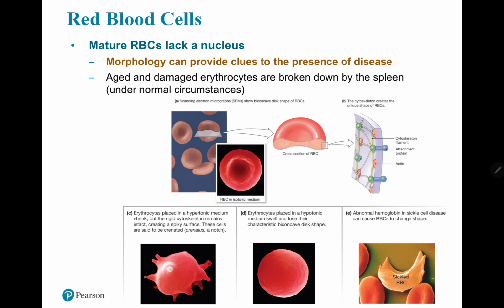And so aged and damaged erythrocytes are going to be broken down by the spleen under normal conditions, and I'll show you that in the image in just a few. But you can see the cytoskeleton of these erythrocytes. They're going to create unique shapes, and that's what gives this red blood cell its shape, right?